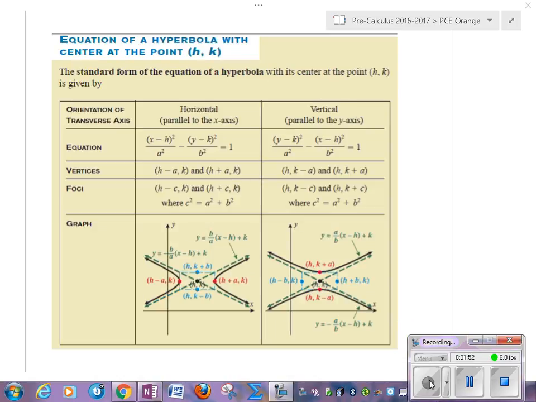As we take a look at the next chart, familiarize yourself with the fact that these are not centered at the origin. Notice you have the x minus h and the y minus k, giving us a center someplace other than the origin. Now, take a look at the pictures at the bottom of these graphs.